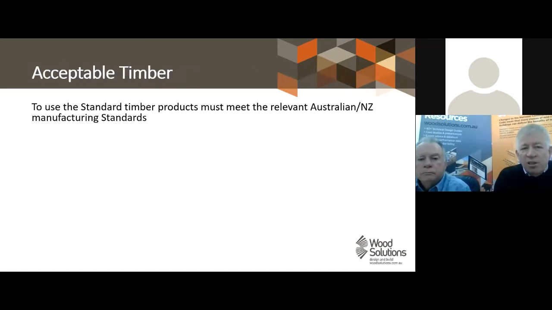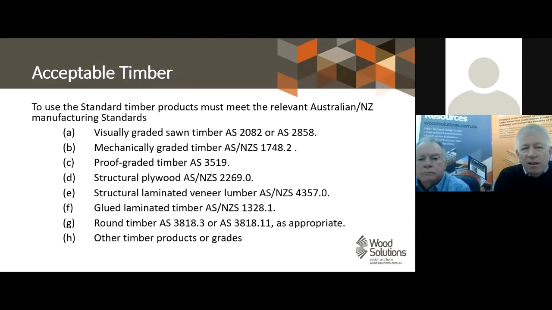So the acceptable timbers to meet the standard are listed in A-H, and effectively they're sawn timbers which have been graded, plywood, laminated veneer lumber, glulam, and round timbers. So they cover most products that are available in the marketplace.